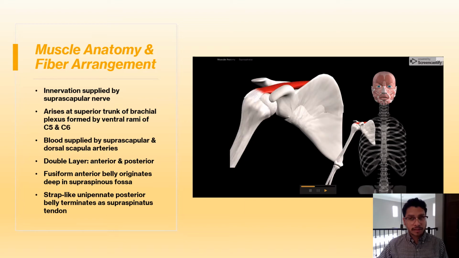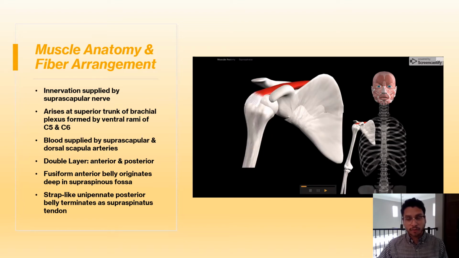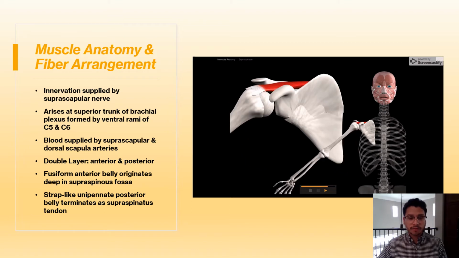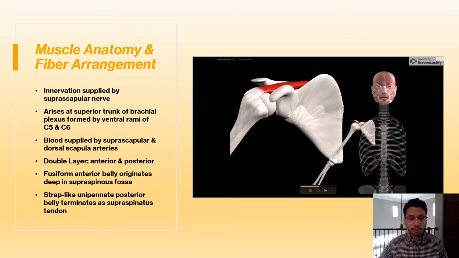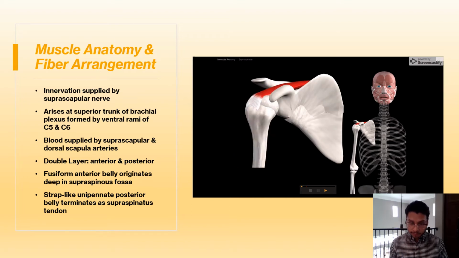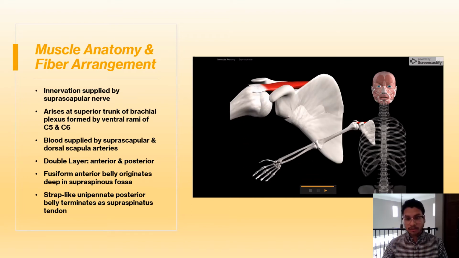The supraspinatus is a unipennate fusiform muscle that has double layers, an anterior belly and a posterior belly. The more fusiform-like anterior portion has a spindle shape, and it usually targets a bony prominence.